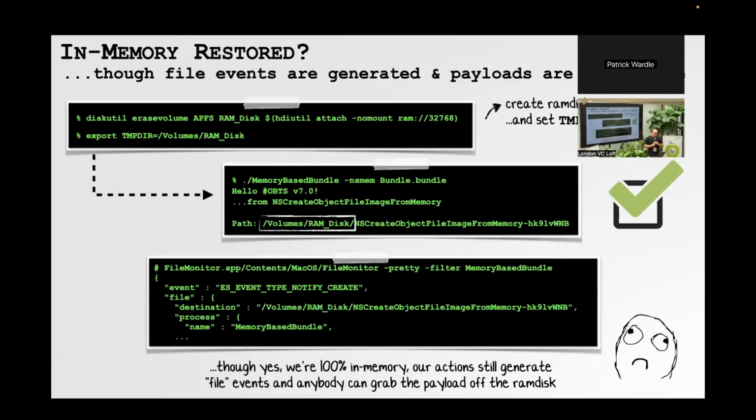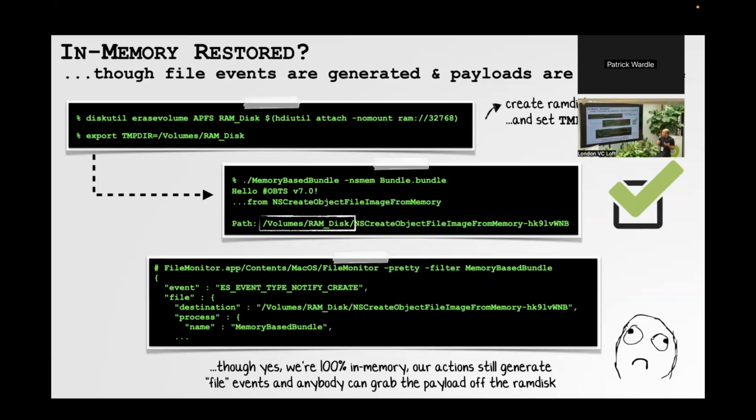This is kind of neat. These are the steps: you create a RAM disk, you set TMPDIR to the RAM disk, and then we invoke Apple's memory-based bundle. We can see that our in-memory payload is written out, as I mentioned, to the RAM disk, which is really memory.